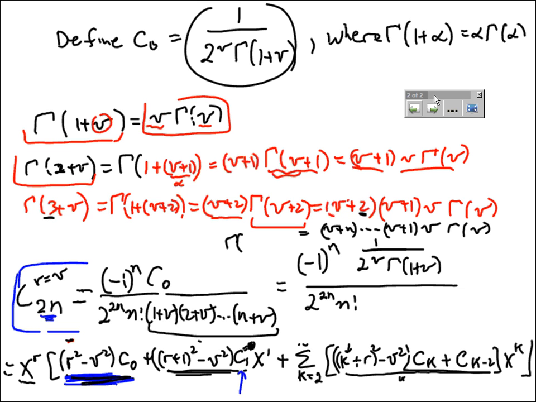So we're going to have n plus v plus 1. Now, if I divide by gamma of v, we have exactly what we want, if I'm not mistaken.